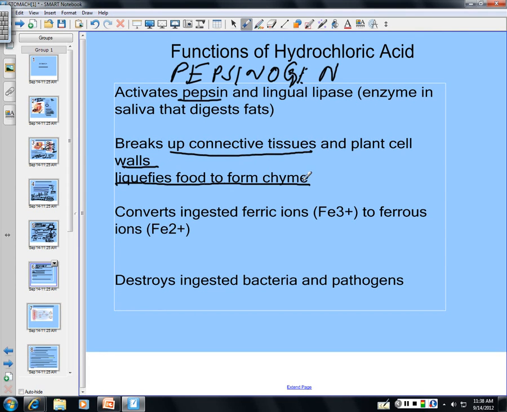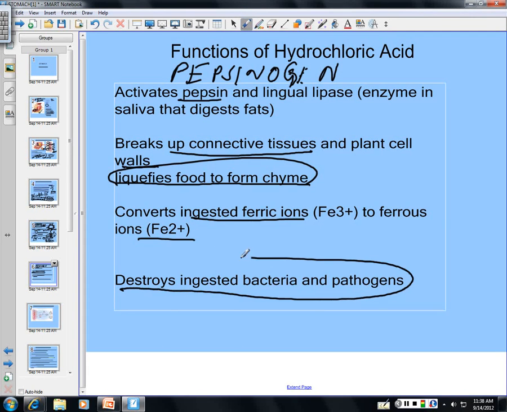Another function is it liquefies food to form chyme. It converts ingested ferric ions to ferrous ions. And here's the most interesting thing. It destroys ingested bacteria and pathogens. So ingested bacteria and pathogens which have been unknowingly taken by you are going to be destroyed in the stomach.